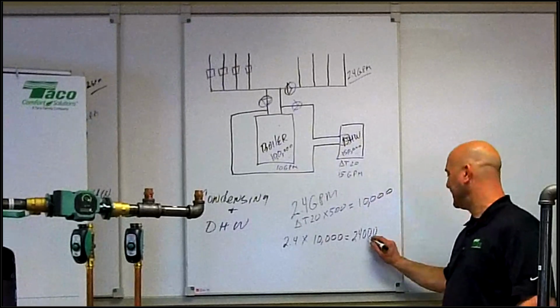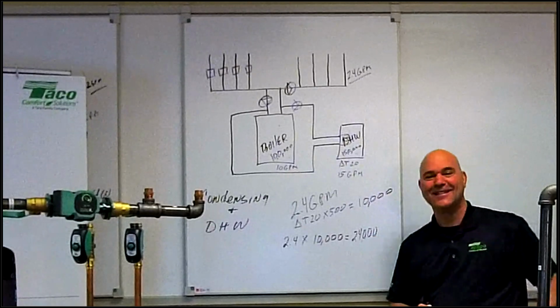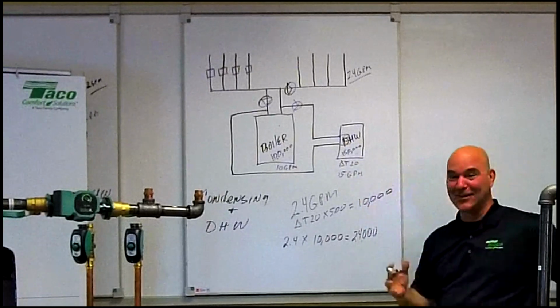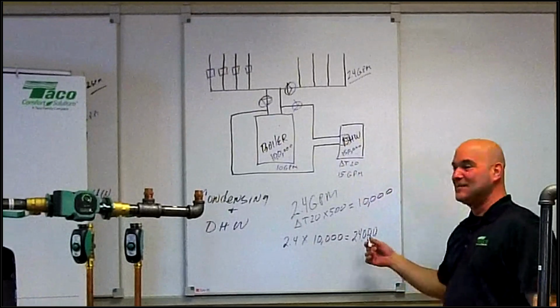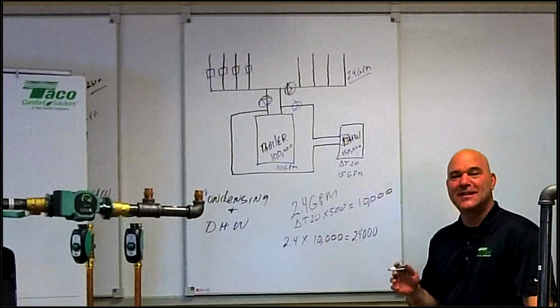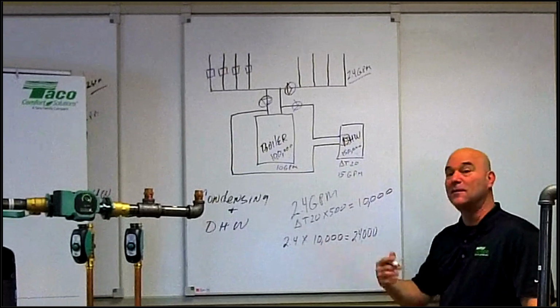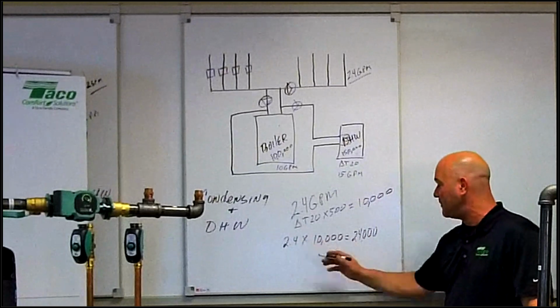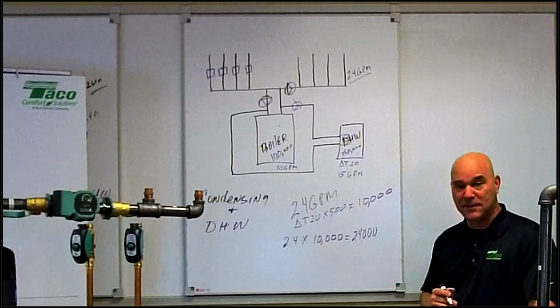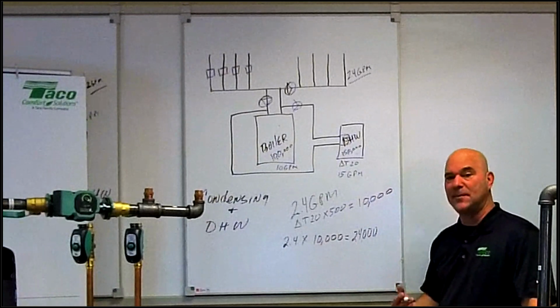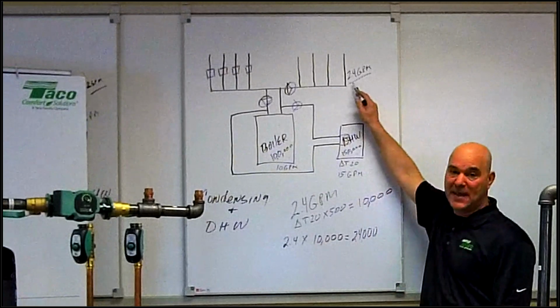Correct? Okay. Yeah, the whole peanut gallery is laughing right now, that's okay. It's early. All right. So if I take the comma now and I move it back, I'll be 2.4. Multiplying it by 10, I take the comma, I move it over, 24,000 BTU. 24,000 BTU. The reason I'm bringing this up is that's my smallest demand.